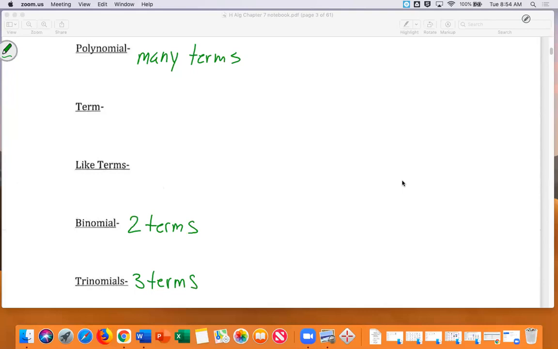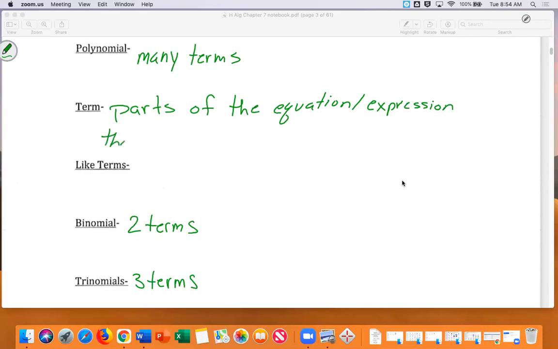Here's the word I like to use: parts of the equation or expression that are separated by pluses and minuses.